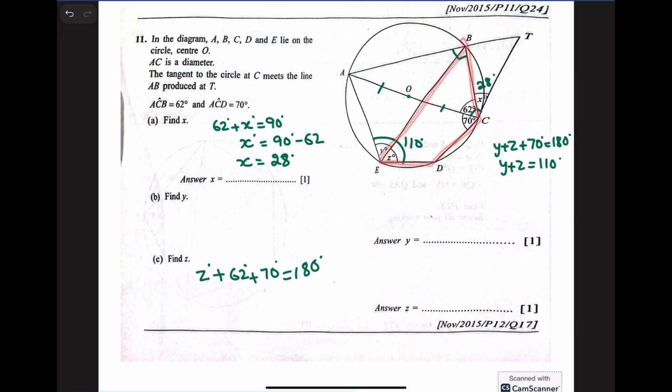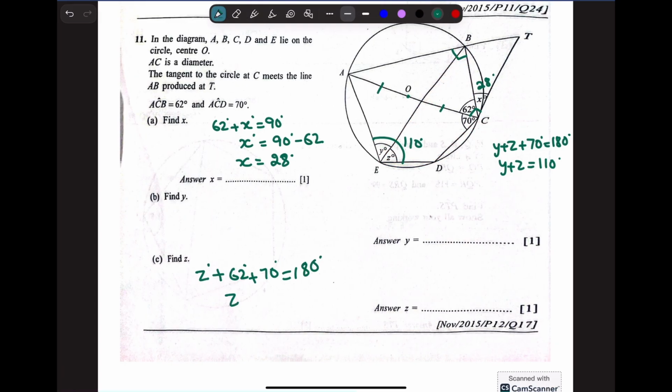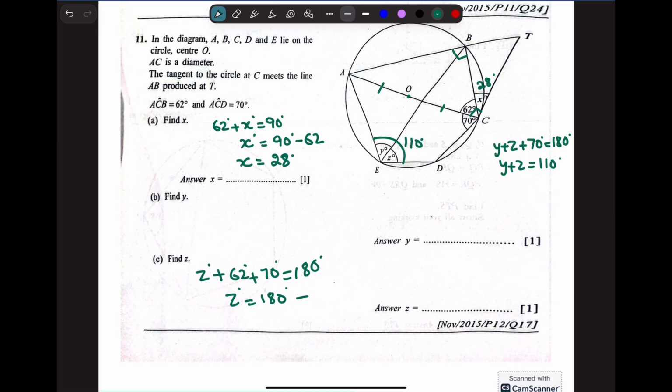Okay, so Z is going to be 180 minus 132. Angle Z is going to be 48 degrees. Okay, so angle Z is 48.